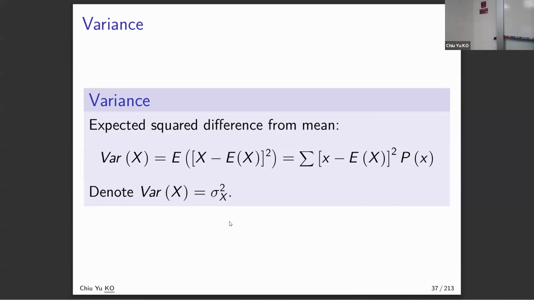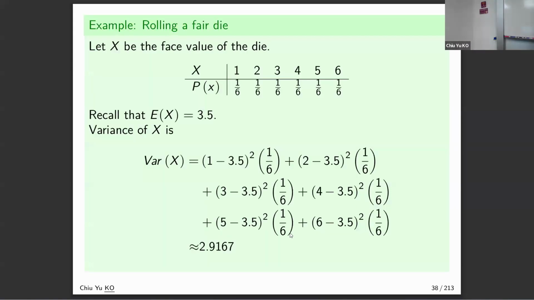The definition is a little bit tricky, but you won't be surprised: you take every value minus the mean, square it, times its probability. Let's give this example and then we take a break. There's nothing very deep here.